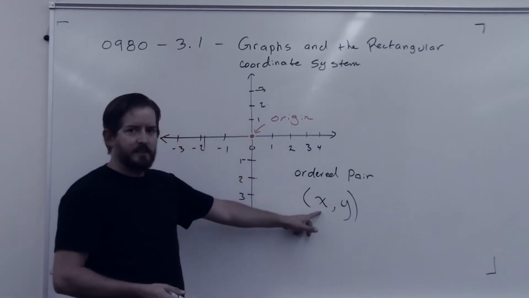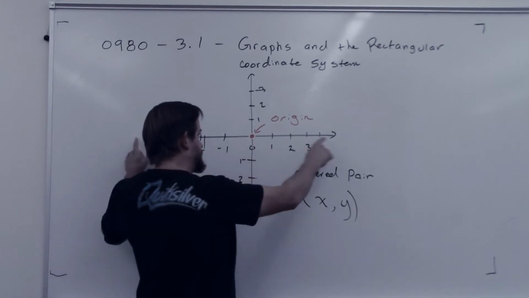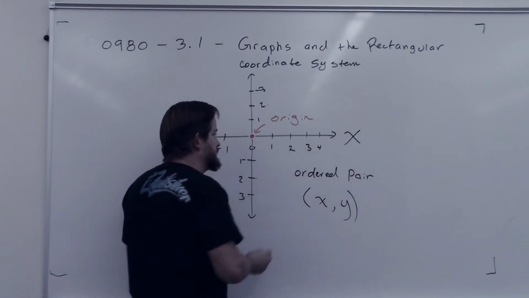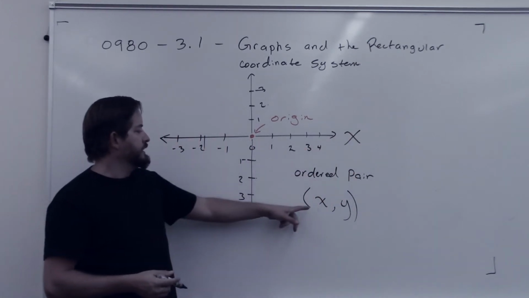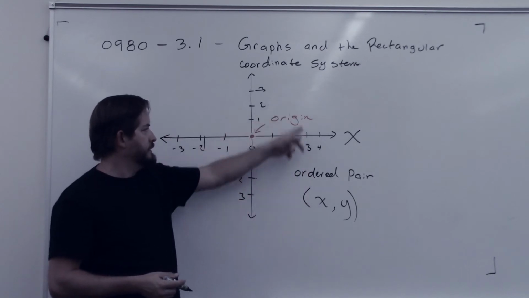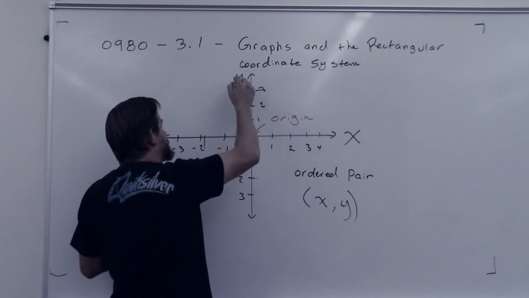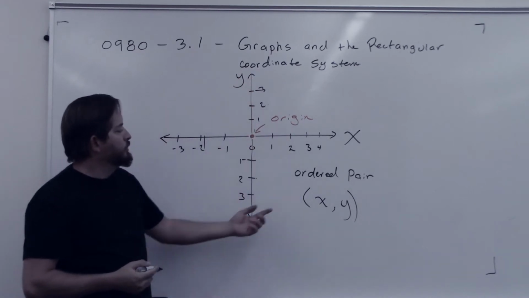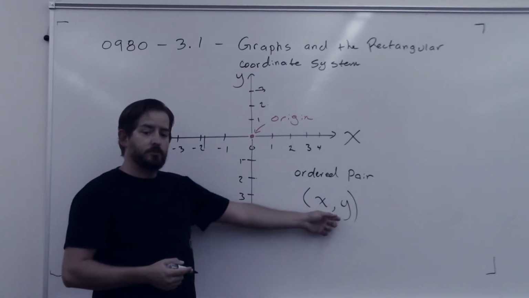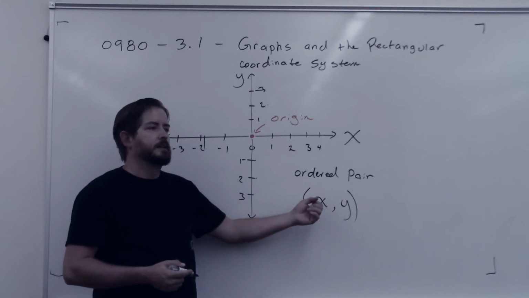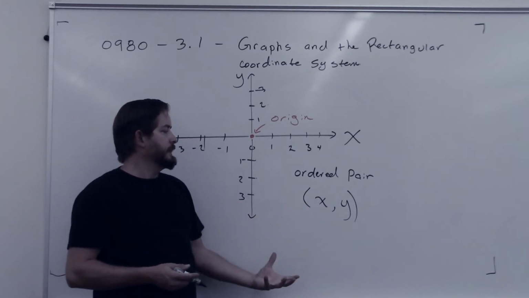One denoting the x position, and the x position is that horizontal line. Right? If my x value is 3, then I'm somewhere over here, up or down. The y value is the vertical. Right? And so an ordered pair, it's ordered because it's in this order, x first, y second. It tells us where something is.